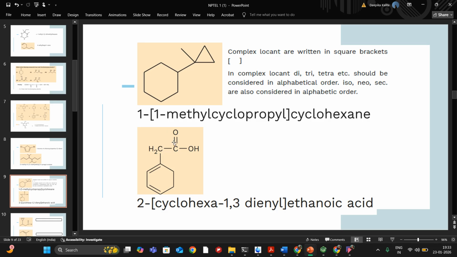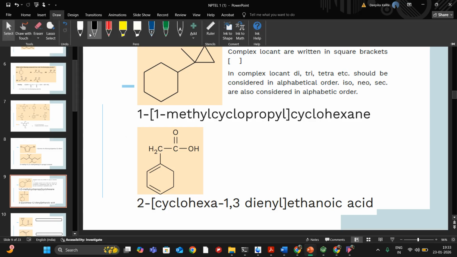And this whole unsaturated hydrocarbon group will be considered as a substituent on the carboxylic acid compound. So let us solve it one by one.